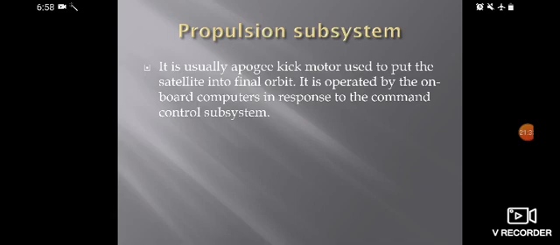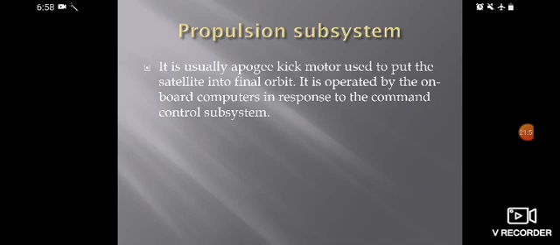When the satellite is in an elliptical orbit, the lowest point from the earth of that orbit is called perigee. So from the earth to the satellite, the longest path is called apogee, and the shortest path is called perigee.